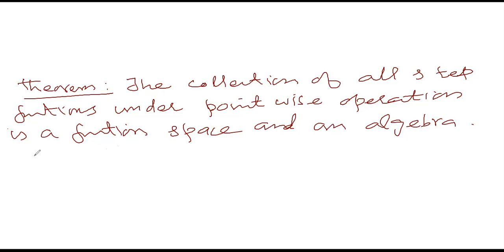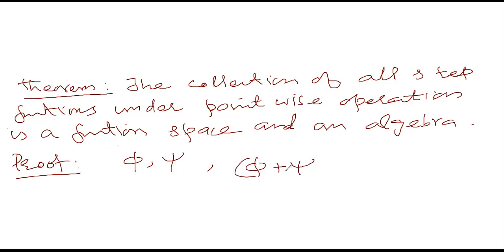Proof. It's an algebra, that's simple, because if phi and psi are step functions, then we define their sum as phi plus psi of x equal to phi x plus psi x. That's the addition.